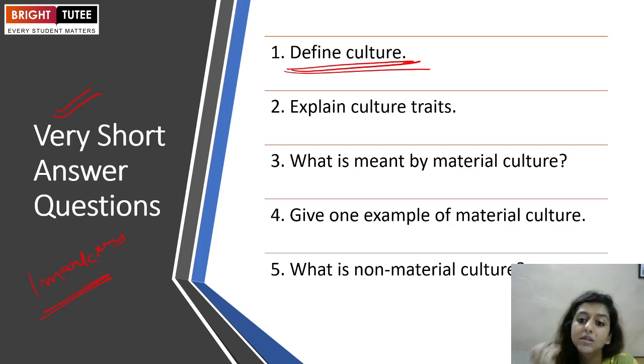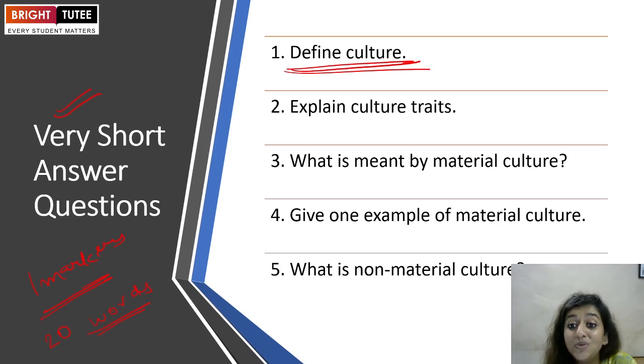So 1 markers are not to be answered in more than 20 words, because you are supposed to keep a check on the time for completing your exam as well. So 20 words would be a good number to answer a 1 mark question.